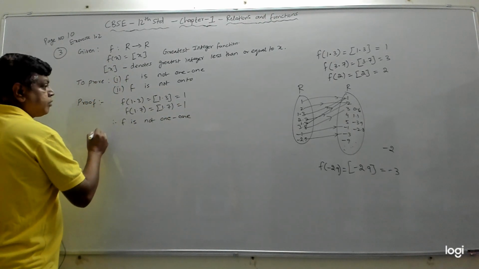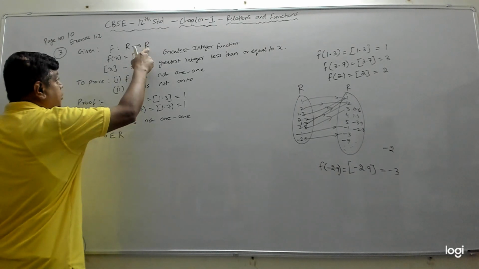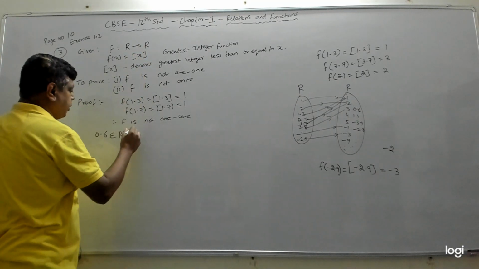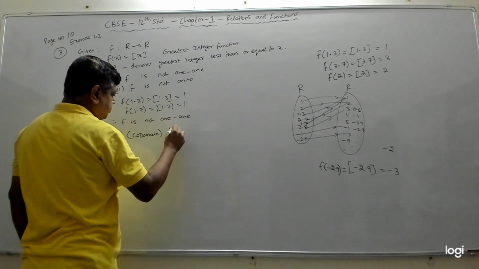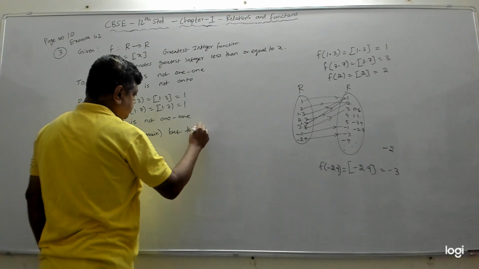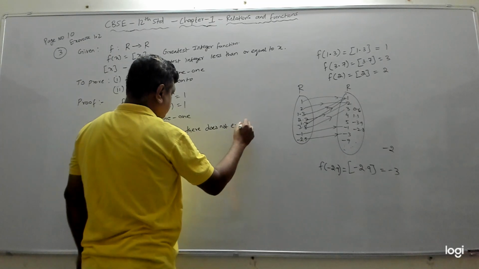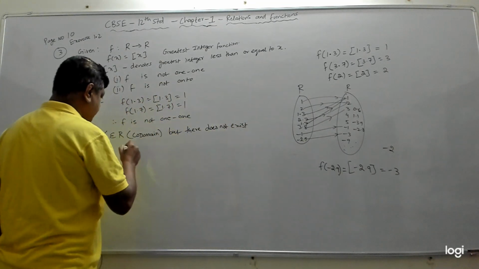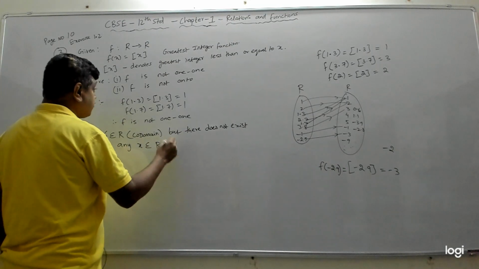So we'll say 0.6 belongs to R, and this R is the codomain. This R, not this R. This R, codomain. But that does not exist any x belonging to this R. This R is the domain R.